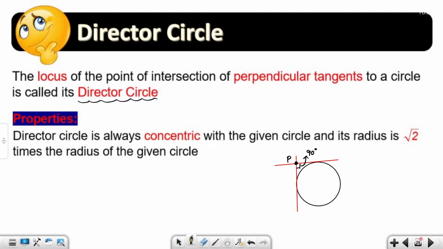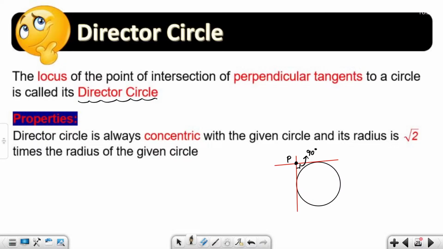The locus of the point through which, if you draw two tangents, the angle between them is 90 degrees, is called the director circle. And the same definition applies for parabola, for ellipse, for hyperbola, for everyone. So remember the definition.